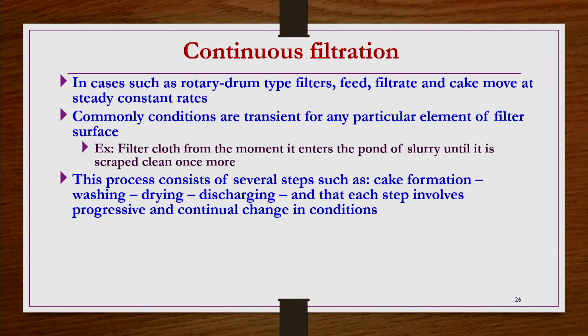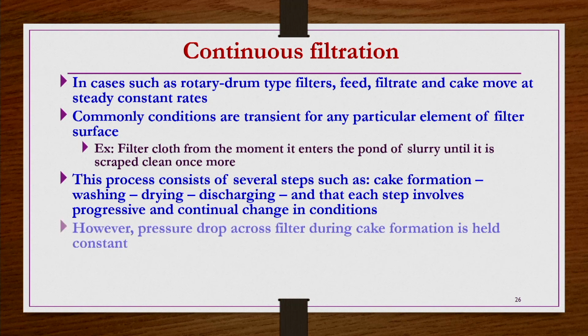So this process consists of several steps such as cake formation, washing, drying and discharging, and each step involves progressive and continual change in conditions with respect to time. However, the pressure drop across the filter during cake formation is held constant. Though the process is continuous, the pressure drop is held constant.